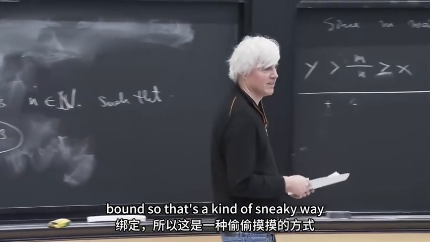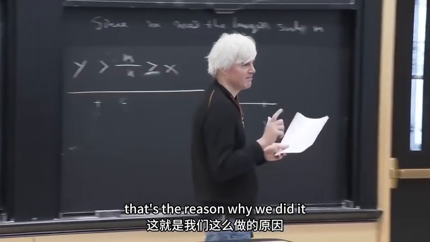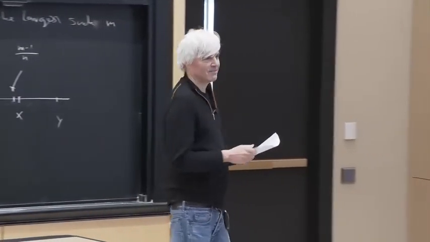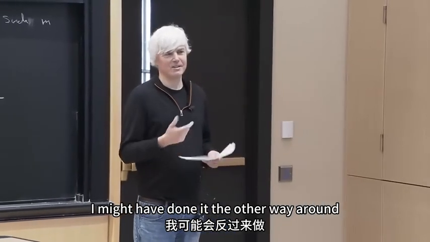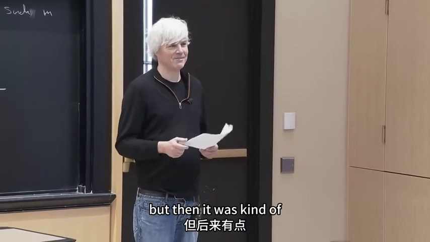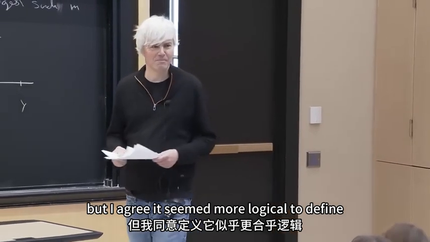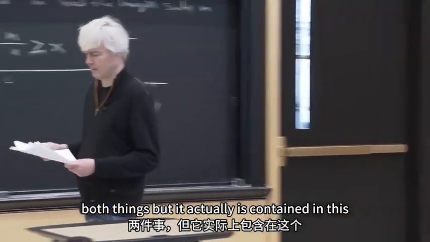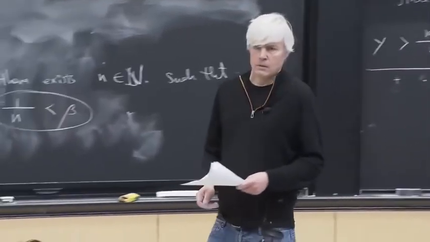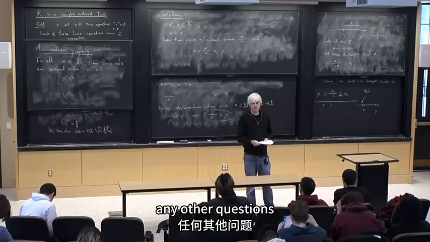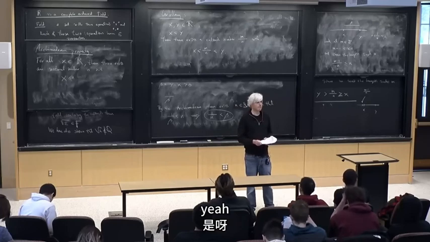So that's a kind of sneaky way, and that's the reason why we did it. I might have done it the other way around, but then it was a little bit overkill. But I agree, it seemed more logical to define both, but it actually is contained in this.